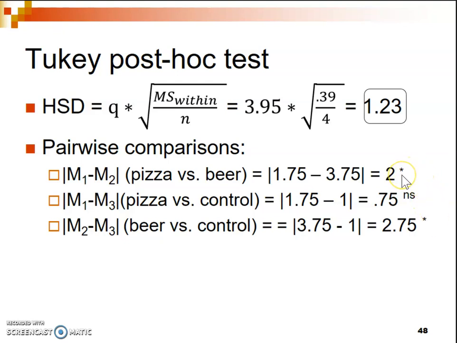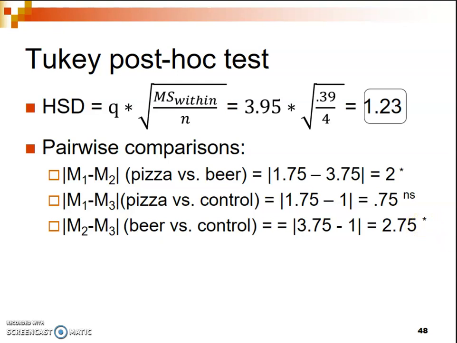So for example, we'll make a sentence comparing the beer group to the pizza group and indicate that yes, that was significant. We'll have a sentence about the pizza versus control group, indicate that that difference was not significant. And then finally, we'll have a sentence comparing the beer to the control group and indicate that that was indeed significantly different.